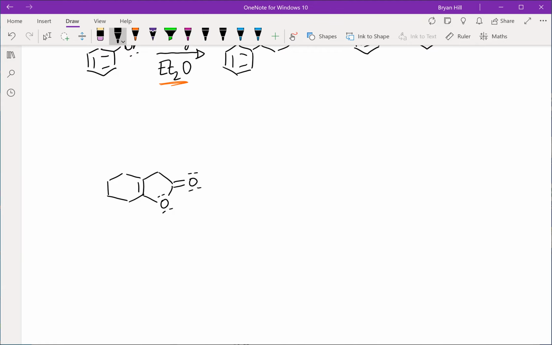A question that is very commonly asked, if you look at organic chemistry textbooks, is Grignards plus esters. The interesting thing about esters is that the Grignard can be added twice to an ester.